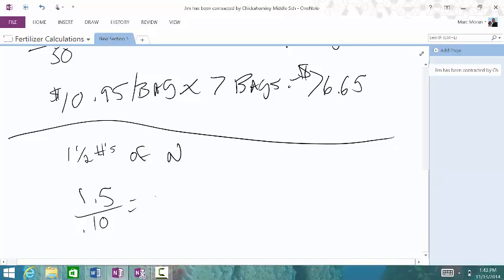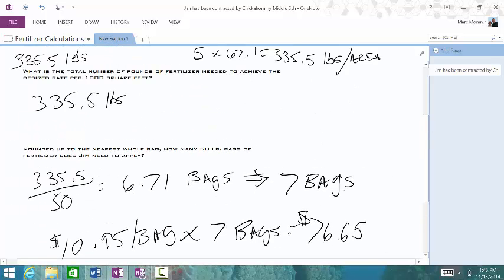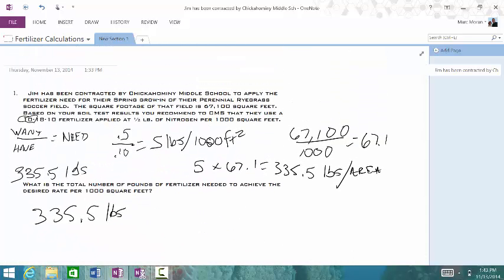That means I would need to put down 15 pounds of that per 1,000 square feet. So just understand that, how we convert our rates. Okay? That's a basic demonstration of how we calculate rates. And this would be no different.